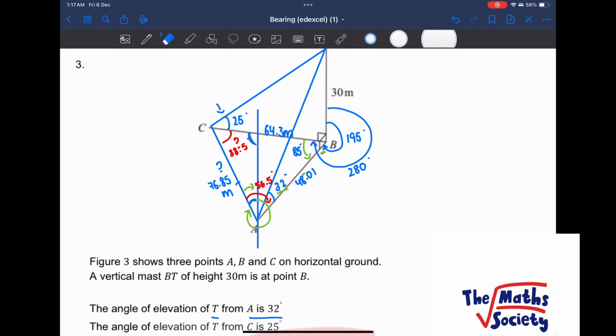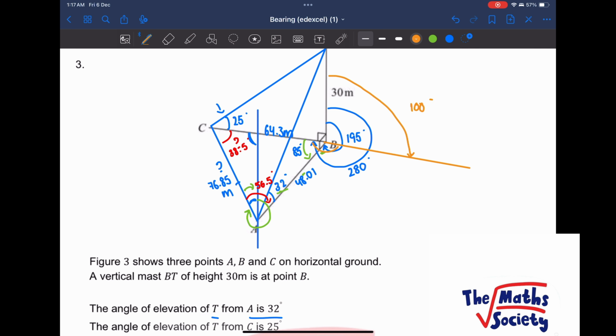So first of all, this one has to be a straight line, yeah? So we can say that it's 280, and we know that this side is 180, so we know that this whole thing is going to be 100 degrees.